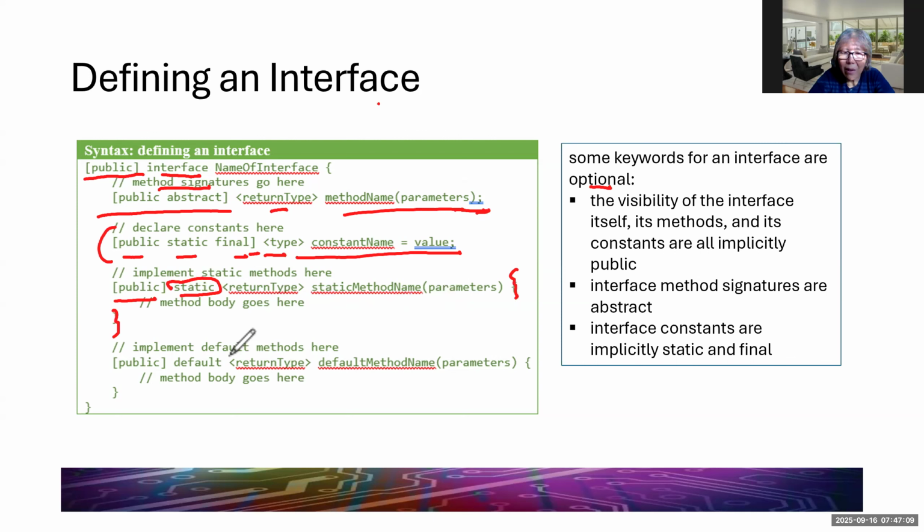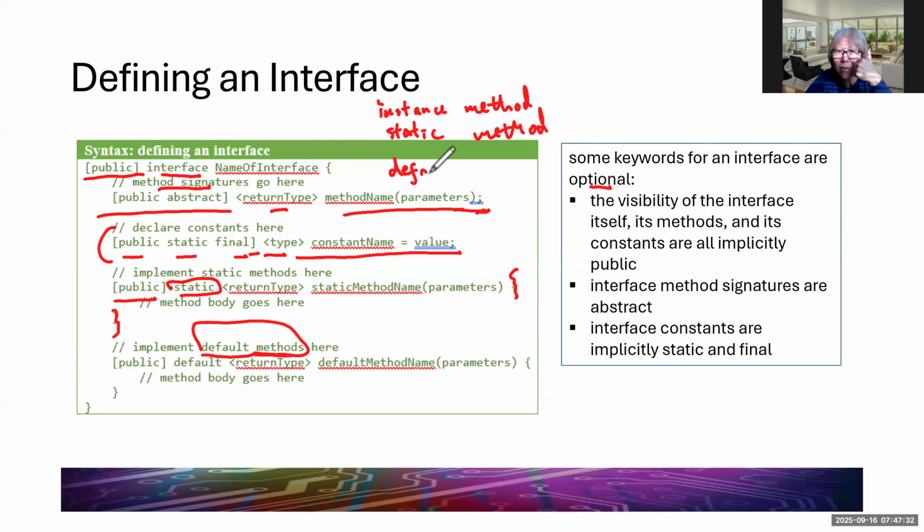And there is a new kind of method, default method. Okay, keep this in mind, default method. We haven't learned it before. So far, we learned instance method and static method. So today we learn another one called default method.